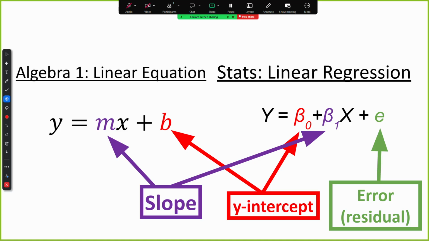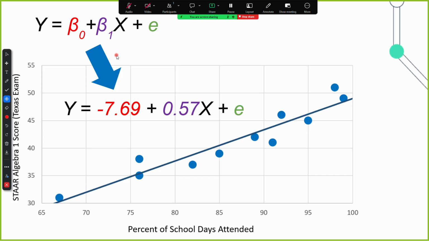So, let's look at an example of exactly how that would look. We have done a linear regression on the data we showed earlier, the Texas student math score versus the percent of school days attended. Here we see that it's an upwards trend and there's a y-intercept somewhere and then there's error.